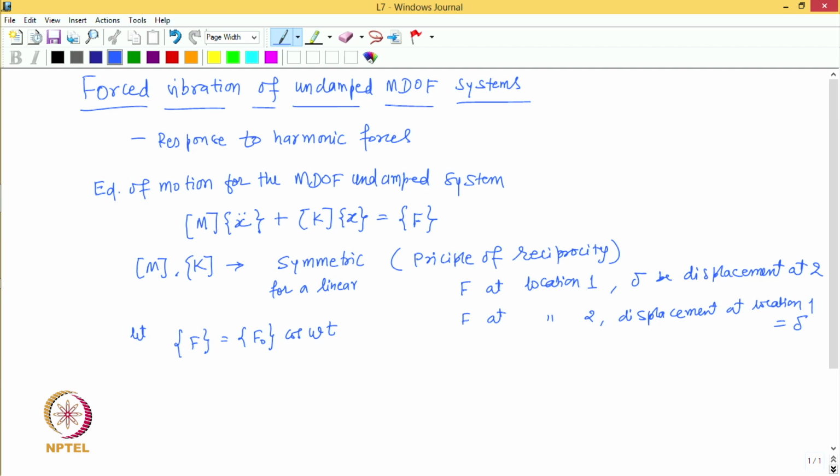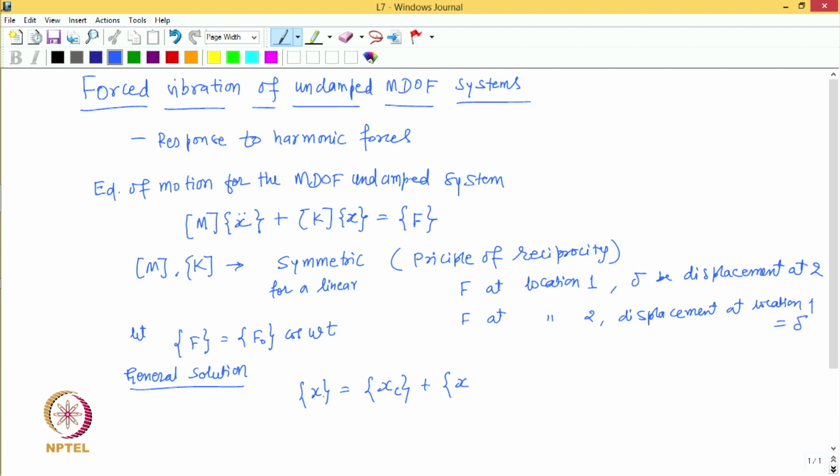So, let us try to determine the response. The general solution would consist of two parts: X will be equal to the complementary part, and then we will have the particular part of the response.